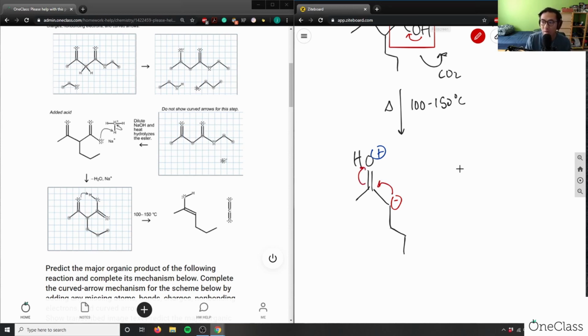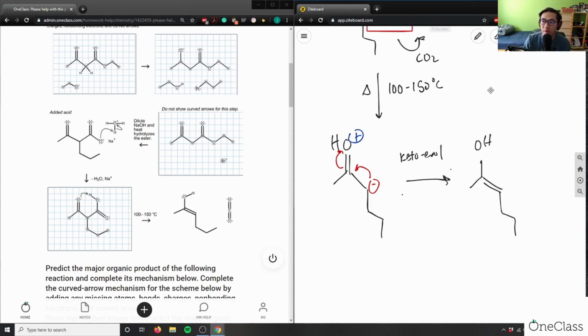This is going to kick out one of my hydrogens here, which means this is a tautomerization. This is a keto-enol tautomerization. So this here becomes keto-enol. And what I'm going to get is a double bond, and I'm going to create an OH group here. I'm going to get a double bond like so, and then it's going to do something like this.